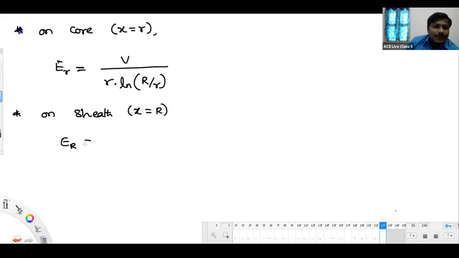Field intensity will be equal to V by capital R into ln of capital R by small r. Like this, you will get the field intensity on the core and the field intensity on the sheath.